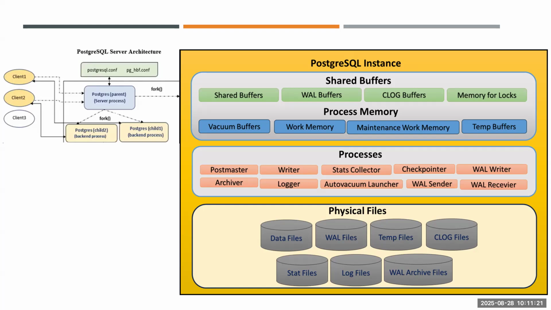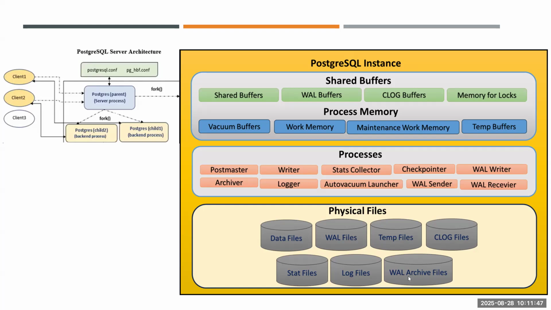Now, how does the data move from cache to the physical disk? On the physical disk, we have data directory folders, WAL directory folders, temp directory folders, CLog folders, stats folders, log folders, and WAL archiving folders.